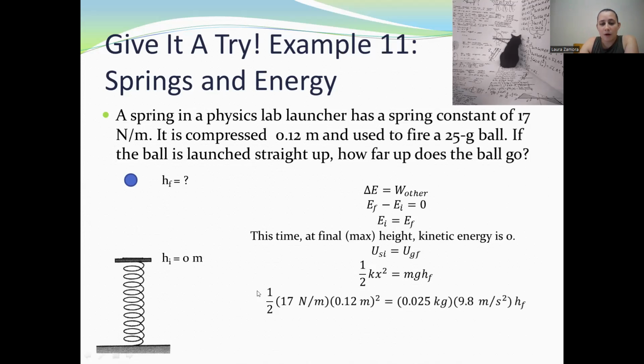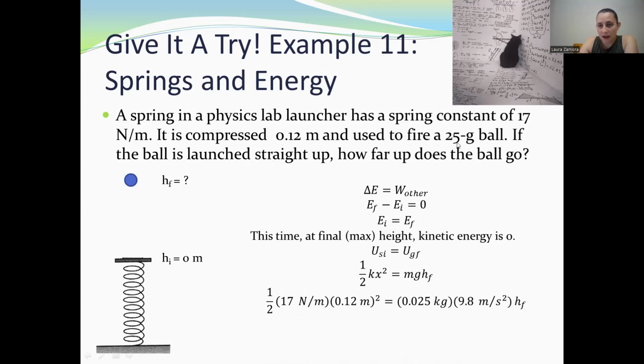Plugging in what we know from the problem, 1/2 k, our spring constant, is 17 newtons per meter. That distance that it is compressed is 0.12 meters, and that will be squared. The mass of the ball, again, we don't want it to be in grams, we want kilograms.